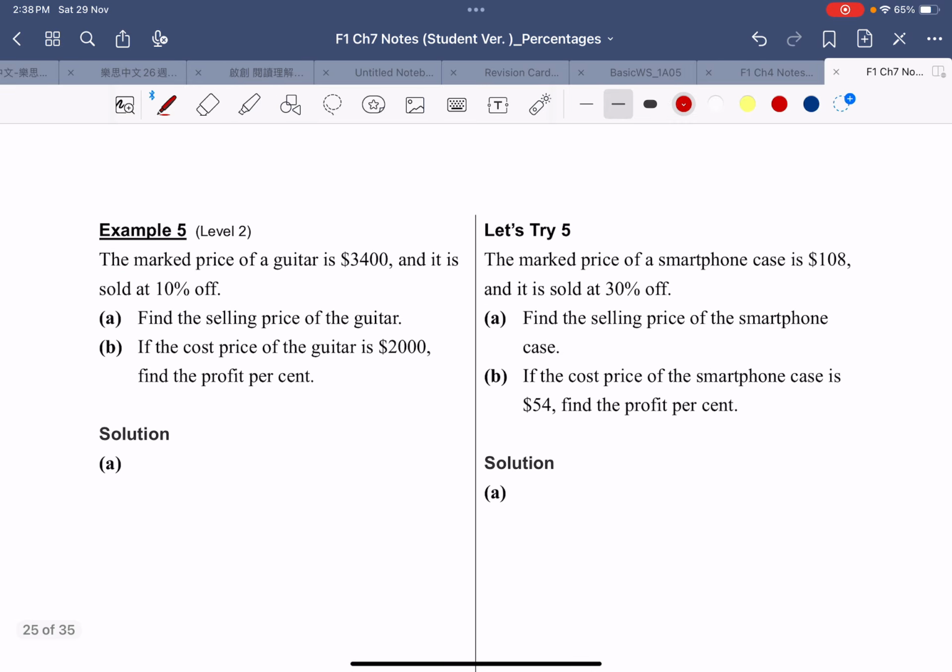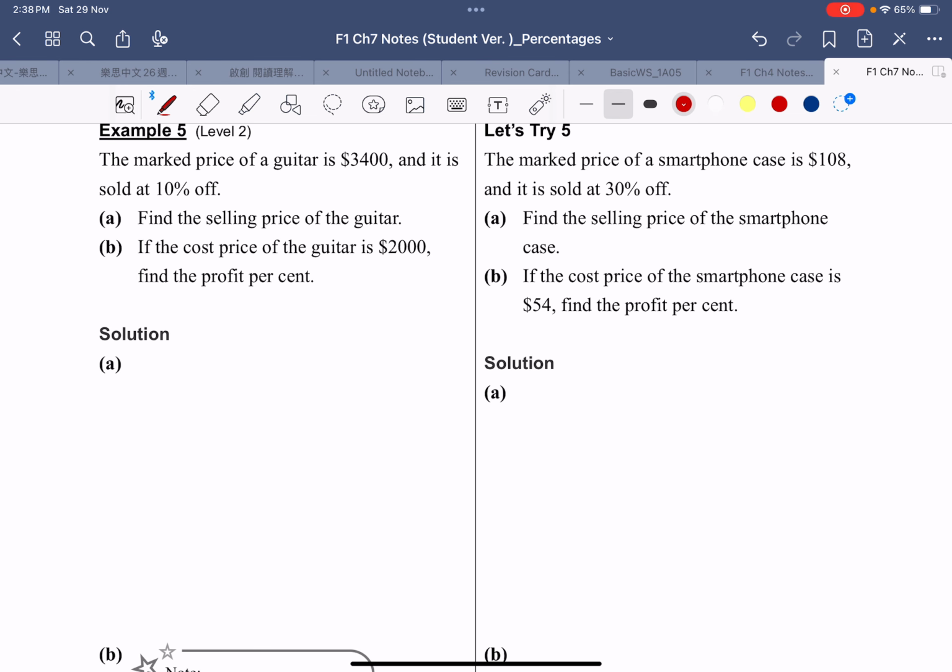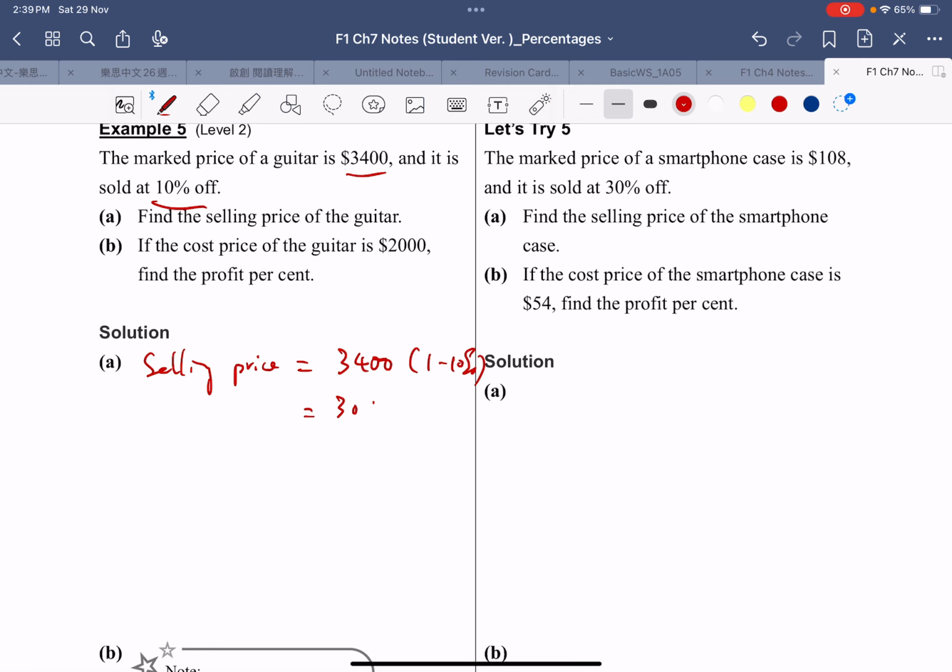Example 5 now. Let's do it. Selling price first. How to find the selling price? You're going to use the market price with a discount rate, with discount percent, and then this is the selling price.